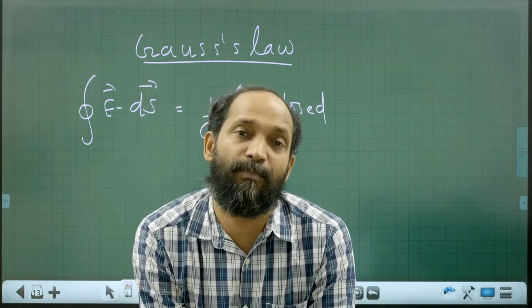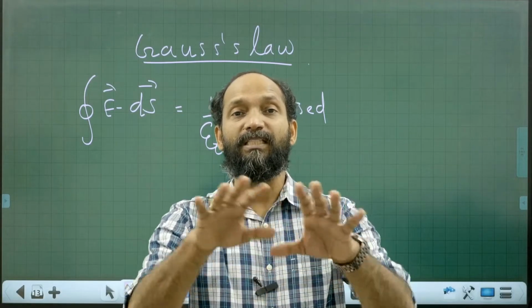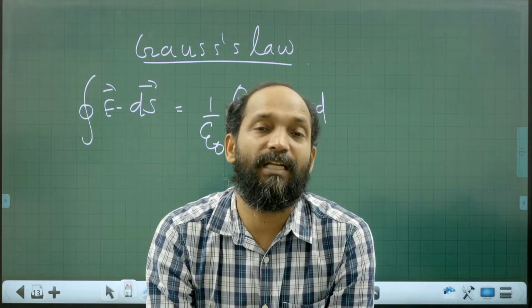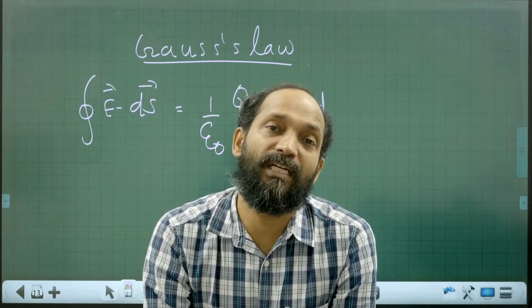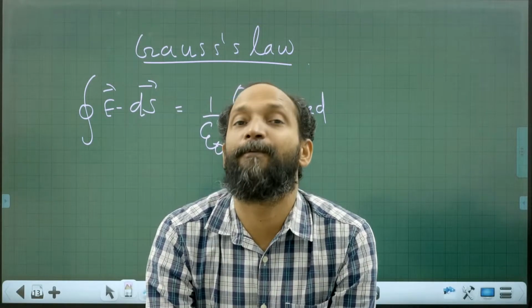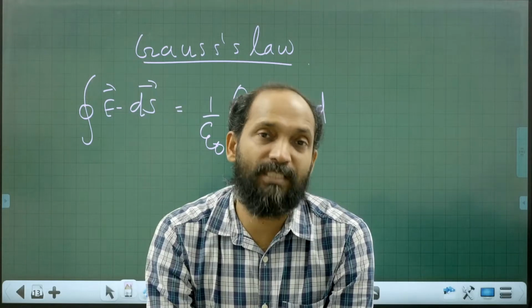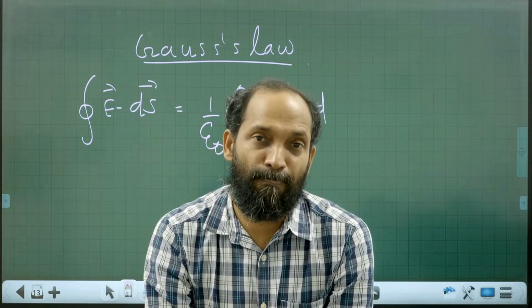A point charge has a spherically symmetric electric field, due to which you can choose a spherically symmetric Gaussian surface. Therefore, the flux is charge enclosed by epsilon 0.